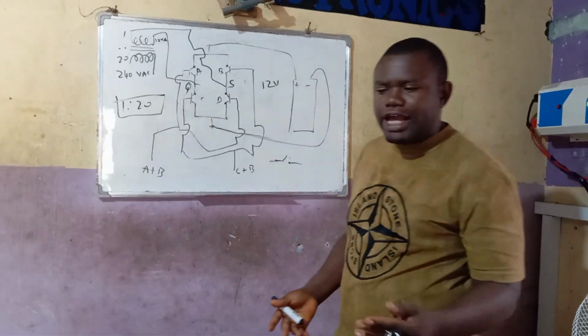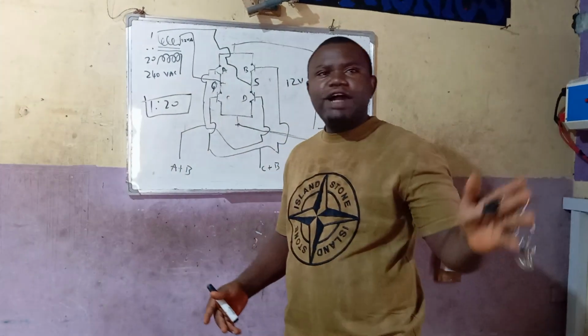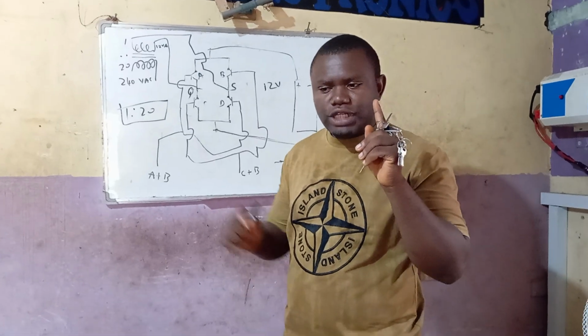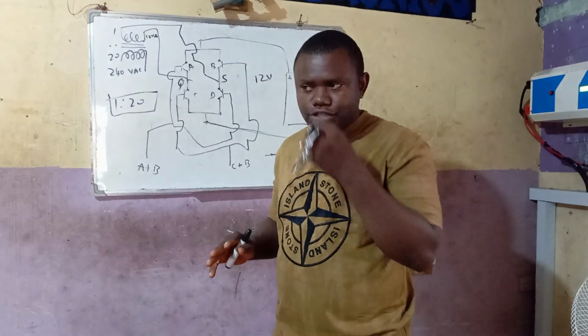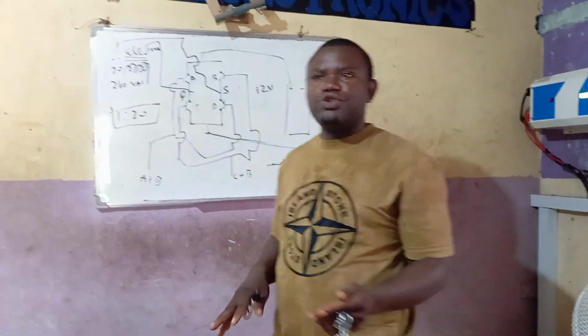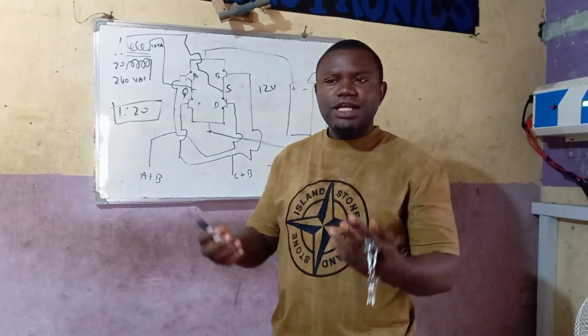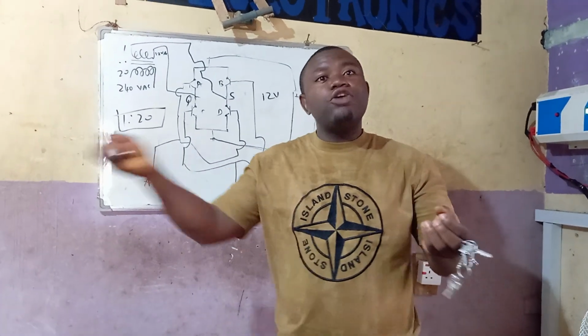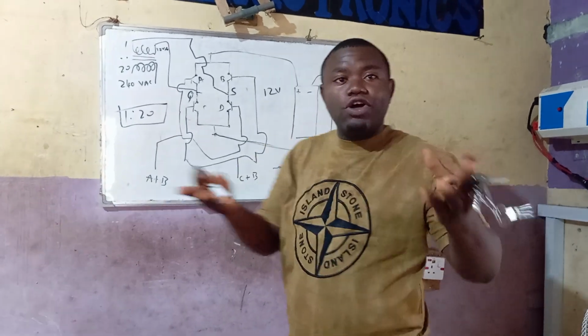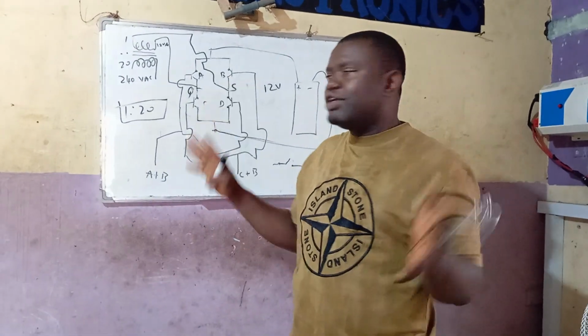But of course, the 555 has only one output, that is on and off. And so for applications like this, we could use the SG3524. It's another IC which has 2 outputs. If one is on, the other one is off. And that can be very fitting for this.